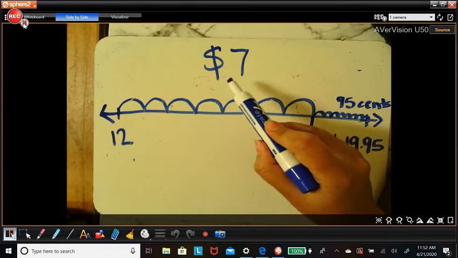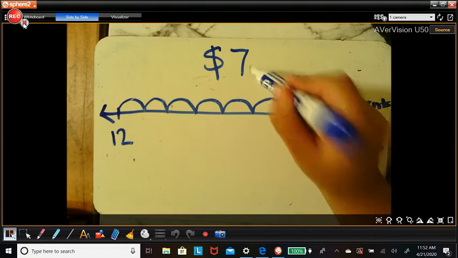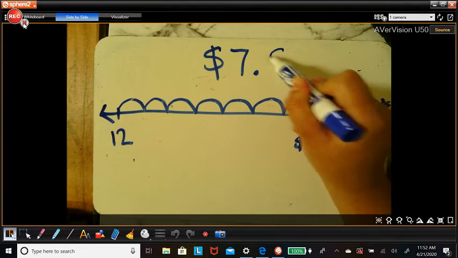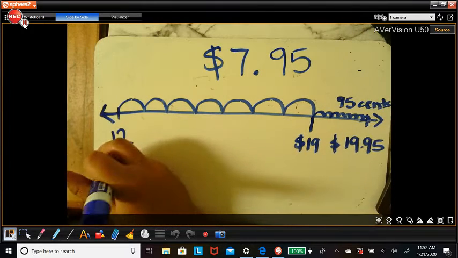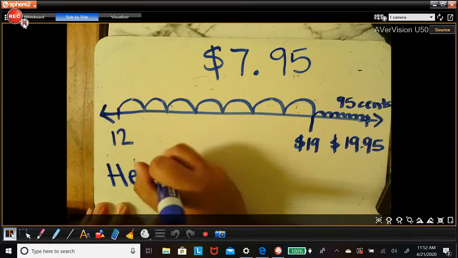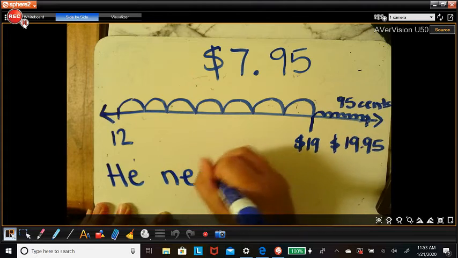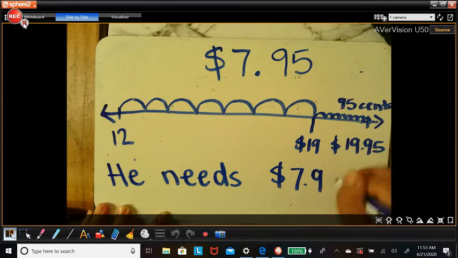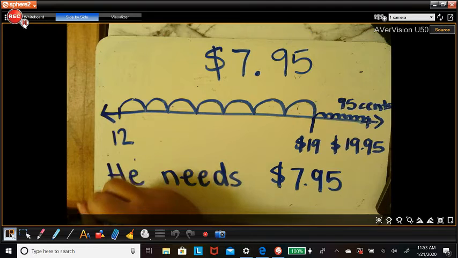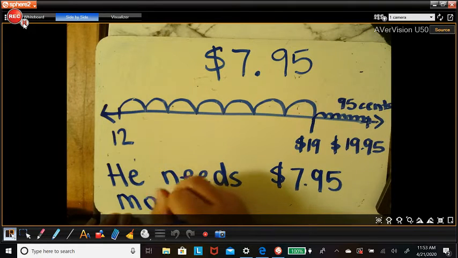So to write $7 and 95 cents, our word sentence would be, he needs $7.95 more to buy the ball.